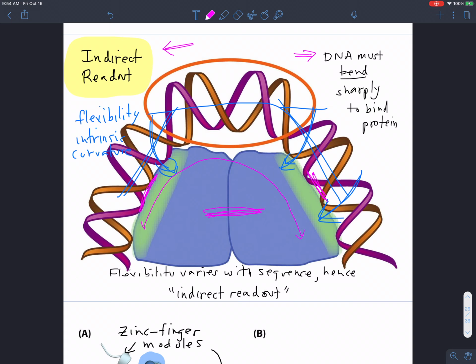But it can if it bends, but that's only going to be possible if it doesn't cost too much energy to cause this bend, right? The bending itself costs energy. And so the question is, how hard is it to bend the DNA? And that depends on sequence. So you can tell at least something about the sequence of the DNA by whether or not it can even form this rather tight, sharp bend that's necessary to bind to this DNA, and that's called indirect readout.